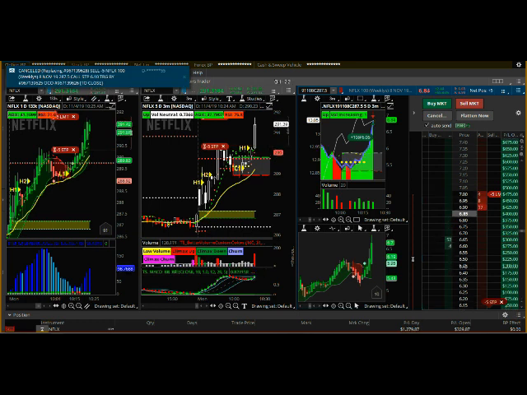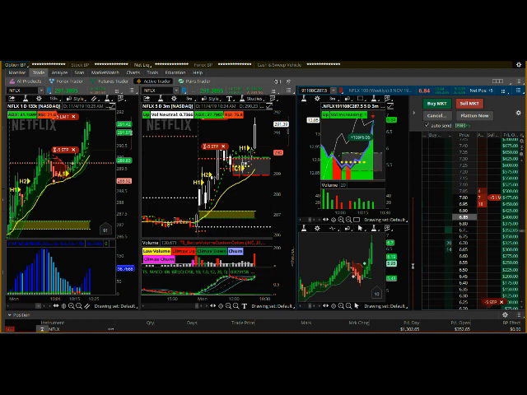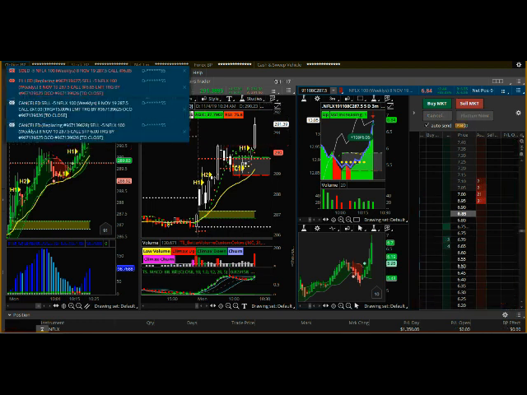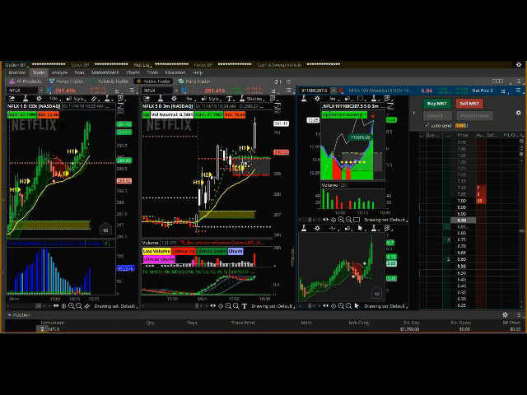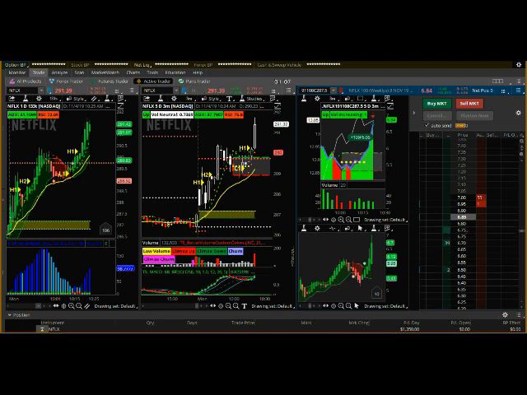Still have room to R2 as a resistance point. And our second target was hit at 15%. So for the day, I made about $1,300 trading 10 contracts of Netflix. I hope this helps.